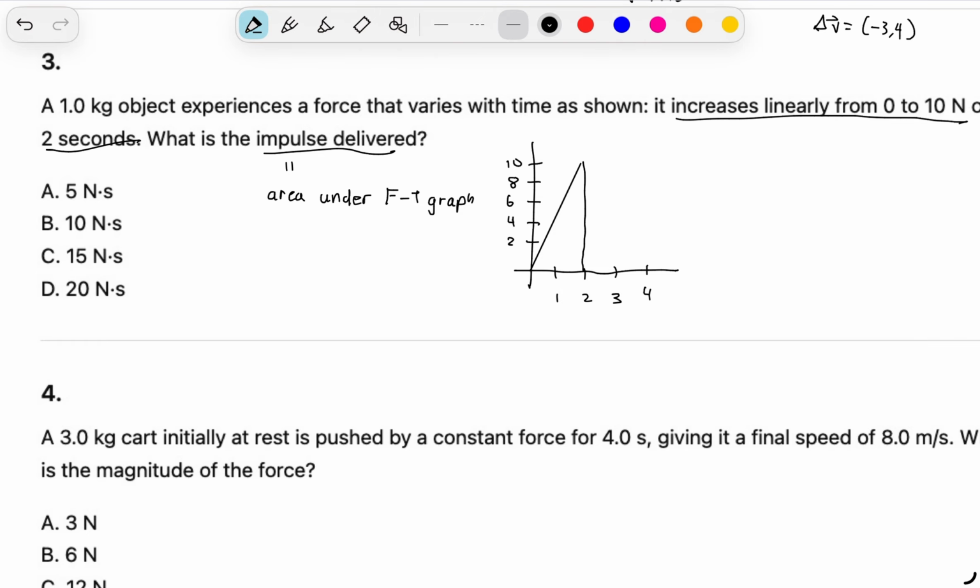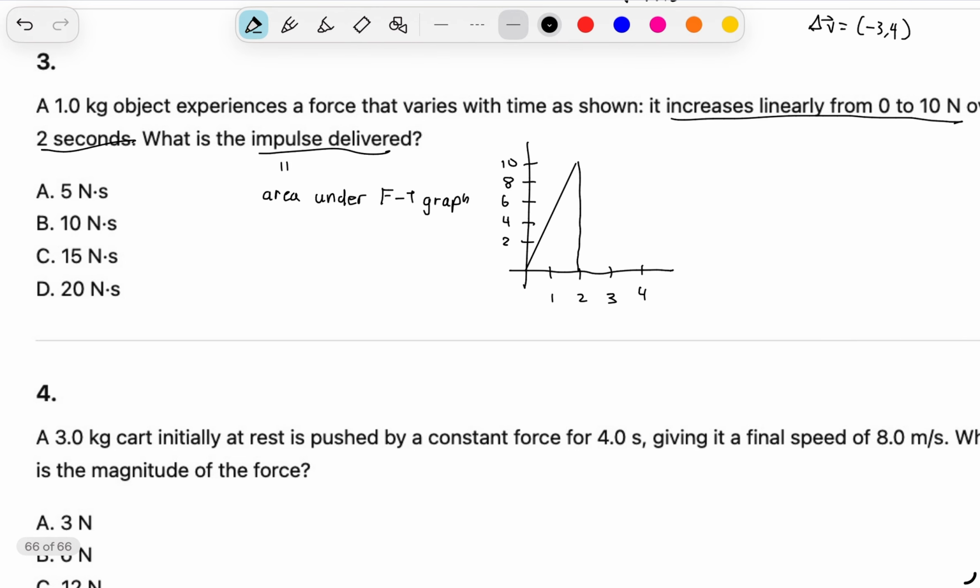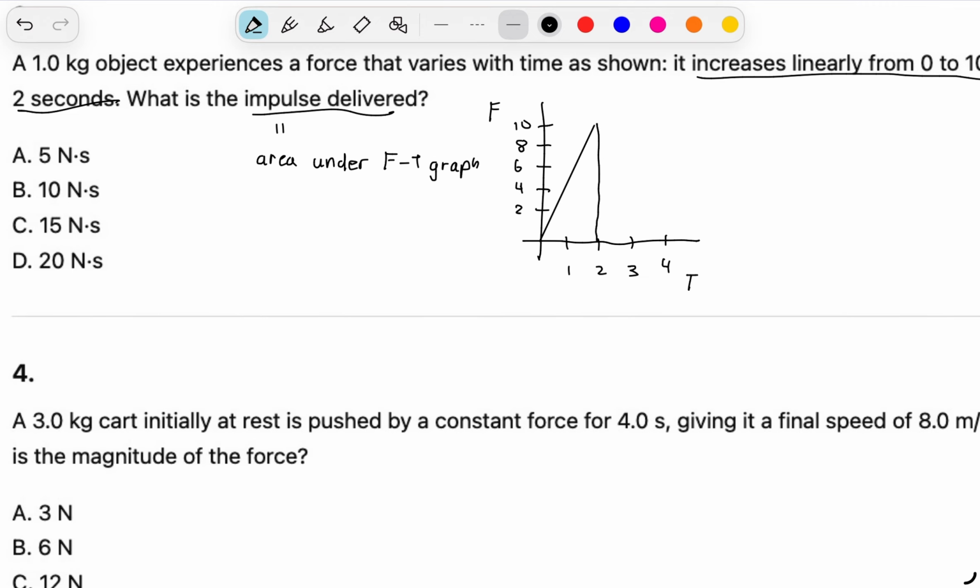This is 2 seconds, so we have time here and we have force here, so our shape is going to be a triangle. That's going to be 10 newtons times seconds, which is B.